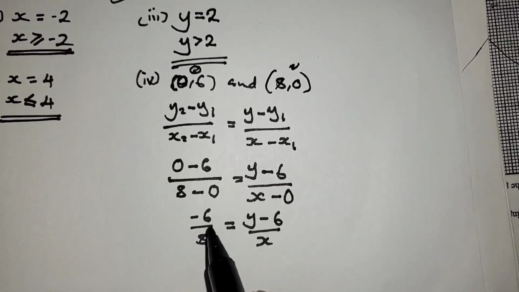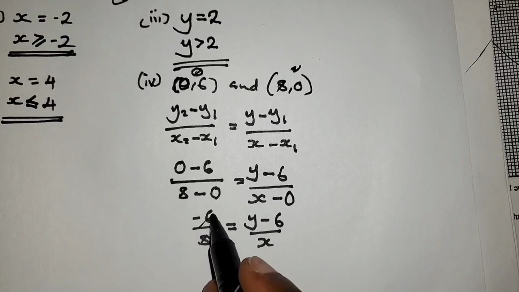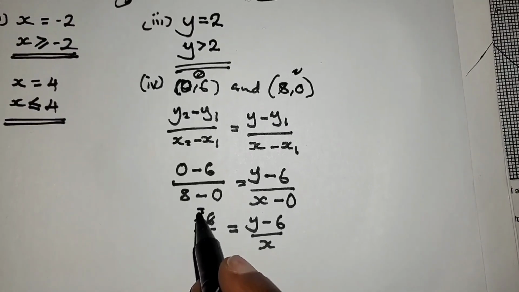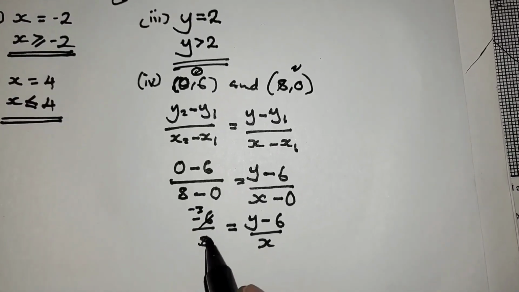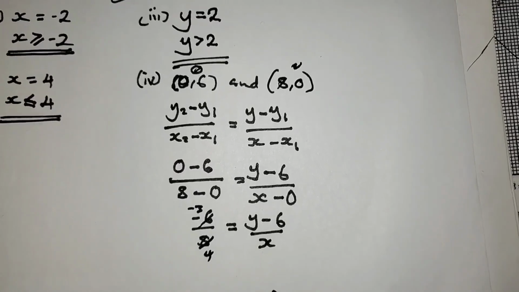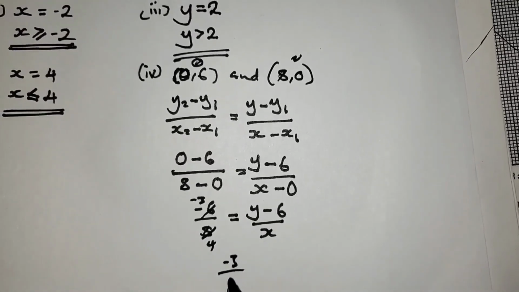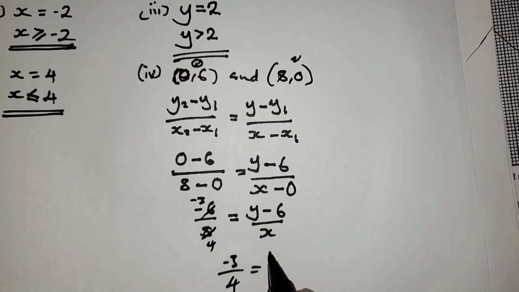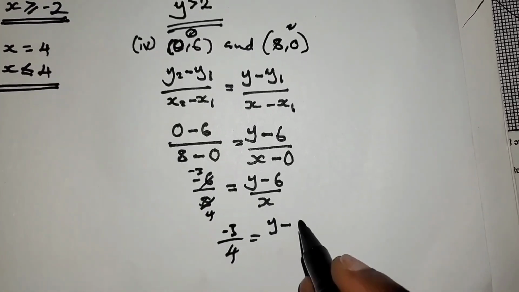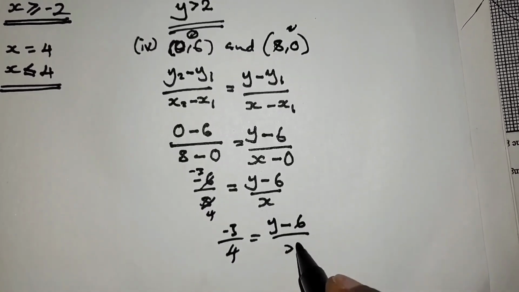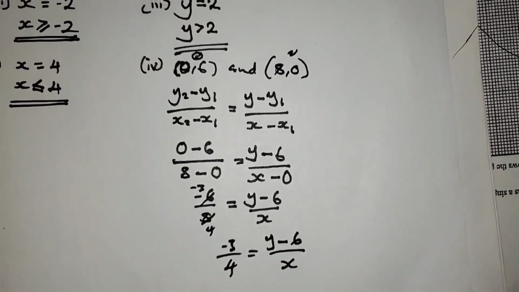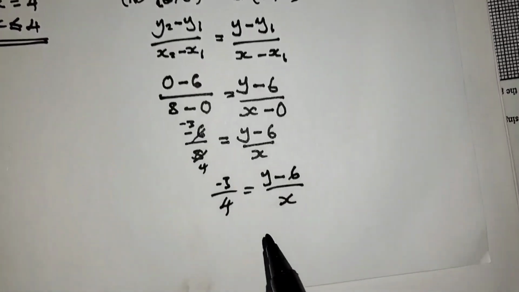You can look for a number that goes into 6 and 8. 2 into 6 is 3, 2 into 8 is 4. Alright, so we have -3 over 4 equals y minus 6 over x. Then you cross multiply when you reach this stage.